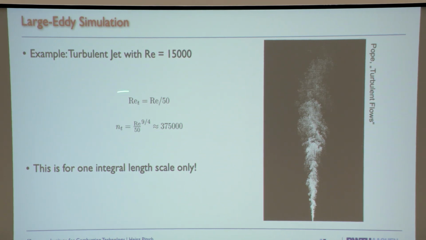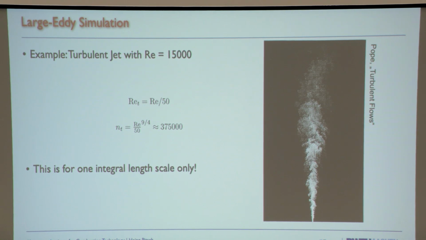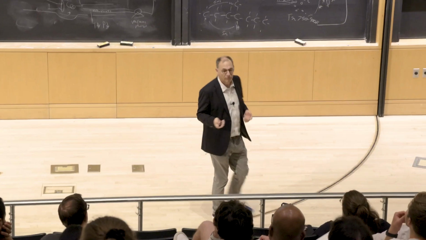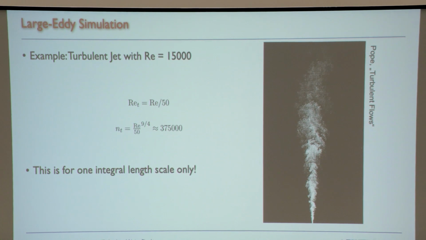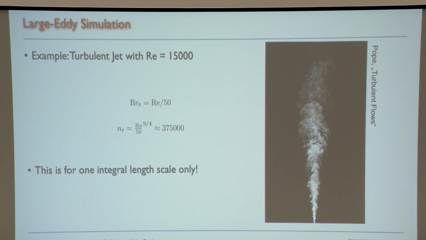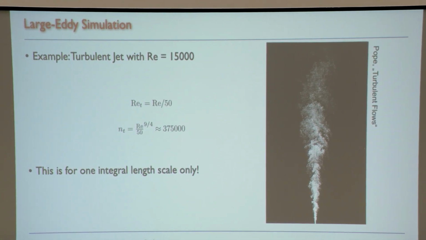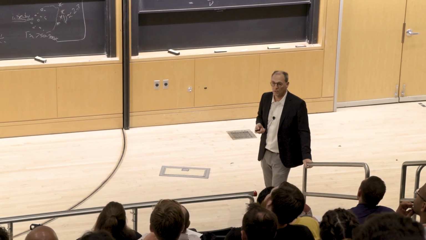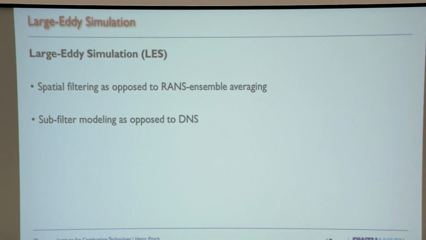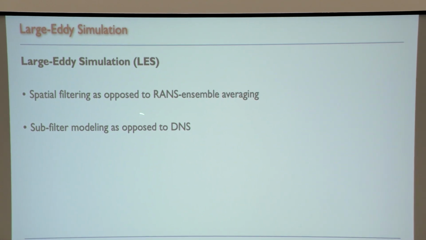So the number of mesh points I need is about 400,000, roughly 500,000, but that's only for one integral length scale, so that would be for one little area like this. If you want to compute the full jet, you need an awful lot of points. And 15,000 is something we can do today, and we have done, but you cannot go much larger. So that's roughly the limit of what you can do today, at least for reactive flow.